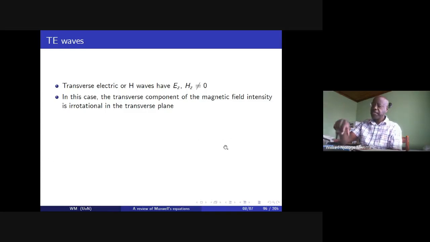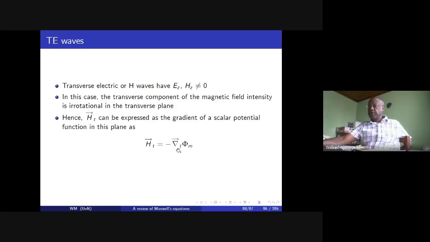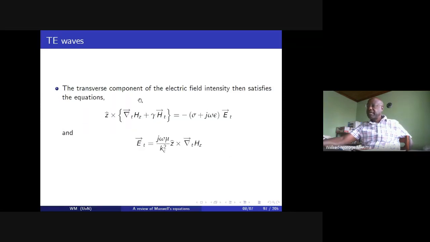And just like we did before, we are going to define H of t as a gradient of a scalar magnetic potential phi of m. So we write it as H of t equal to the minus of gradient of phi of m, and we start putting in the values.